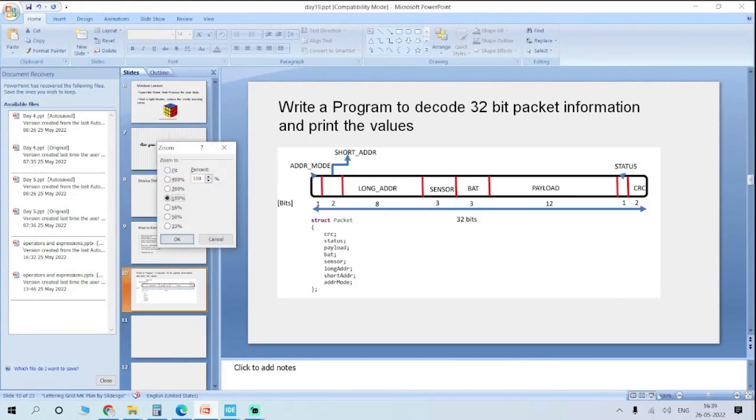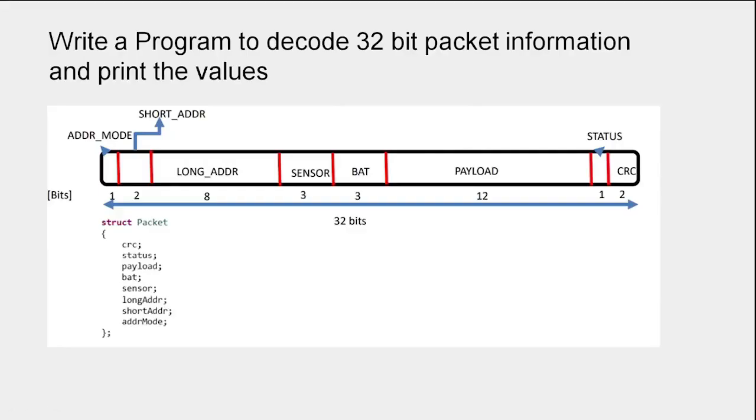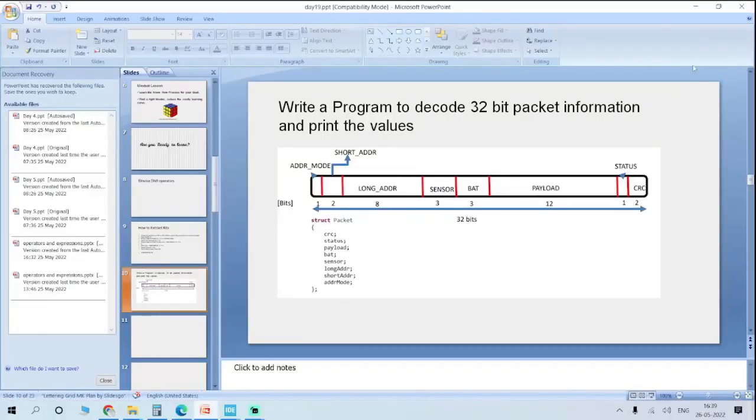For getting this field, which is 3 bits, you need to shift 12 plus 3, 15.